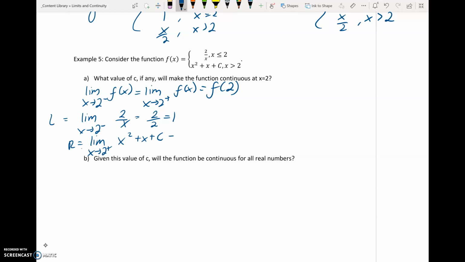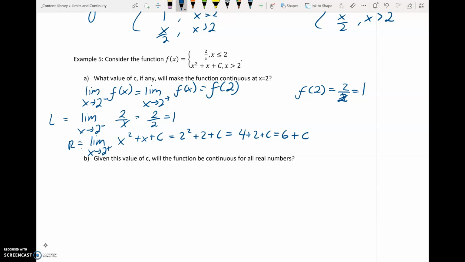And this is going to be equal to 2 squared plus 2 plus c, which is 4 plus 2 plus c, and that's 6 plus c. And lastly, I'm going to calculate f of 2. And f of 2 is going to be 2 over x. And in this case, my x is 2. So f of 2 is 1.